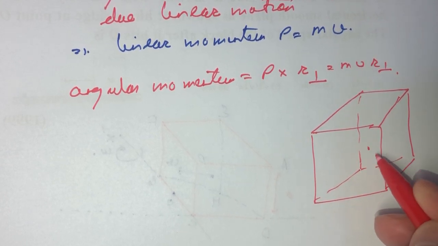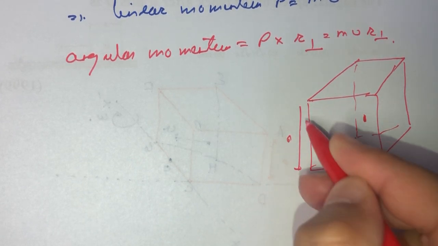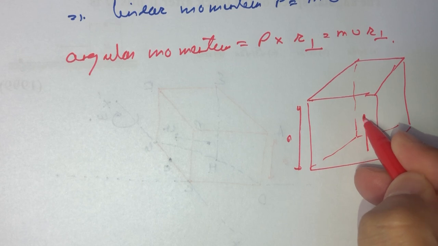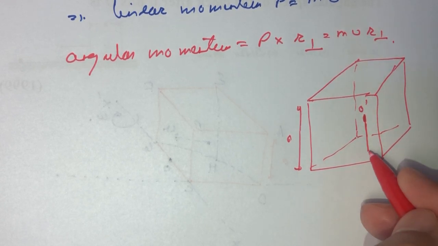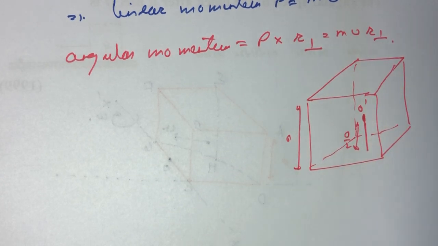So center of mass will be somewhere here, and it is given as a. So this distance of the center of mass, let us call this as O prime. This height will be a by 2, which will be our r perpendicular.